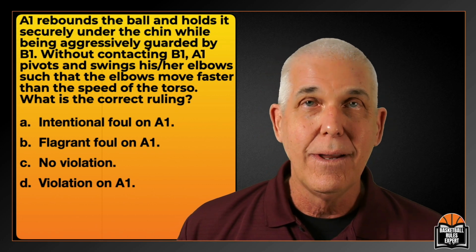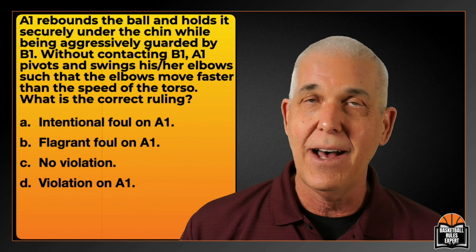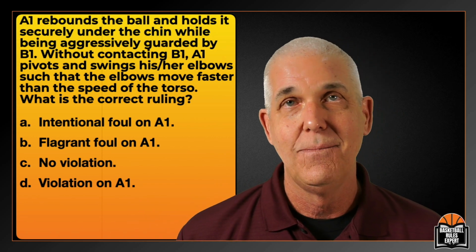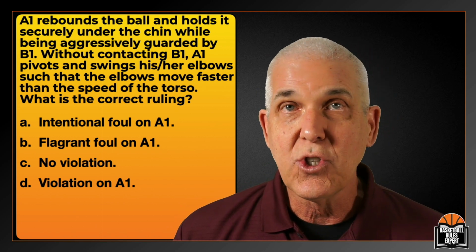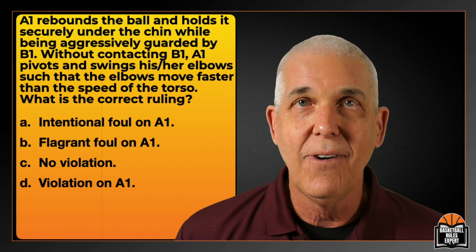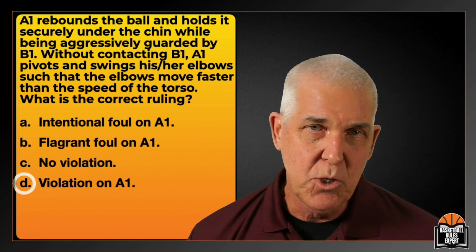In the absence of contact, can we have an intentional foul or a flagrant foul? No. No, we cannot. So, in this instance, we have a simple swinging the elbows violation by A1. Boom.